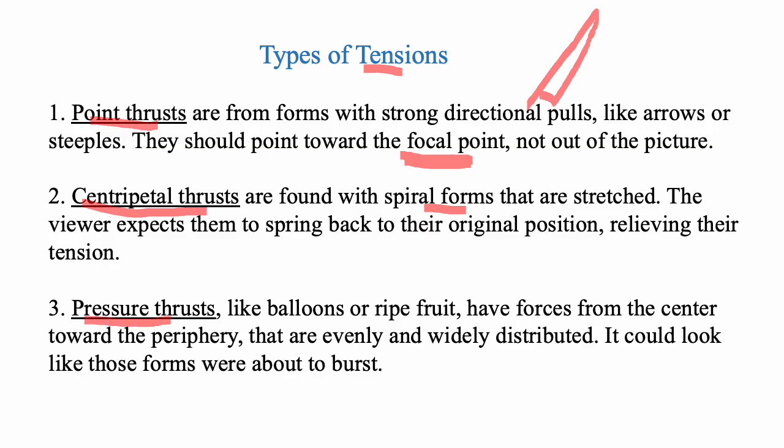A pressure thrust is like a balloon or a ripe fruit. It has forces from the center pushing toward the periphery. These forces are evenly and widely distributed, and it could look like the form is about to burst.